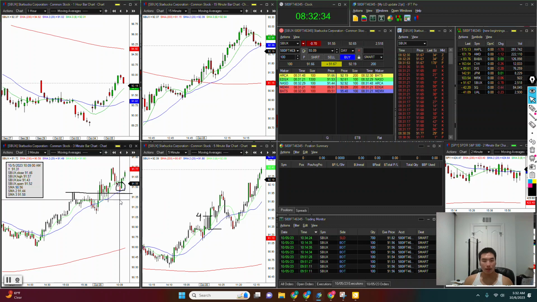So pretty early on top of this bar, basically, on the 3 minute color change. But then it ended up being a 5 minute tail bar plus as well, so that's always good when it aligns. But I'm still risking $100. I added more, but I'm still risking $100 because I just moved my stop up.